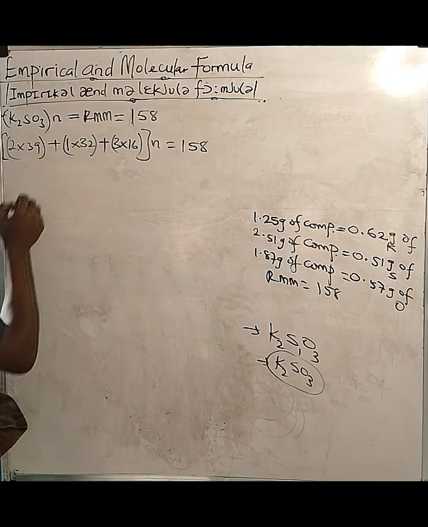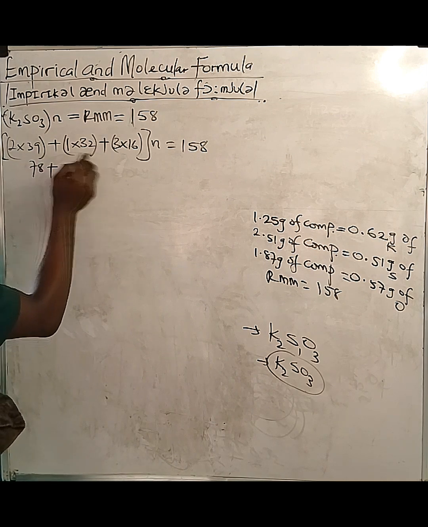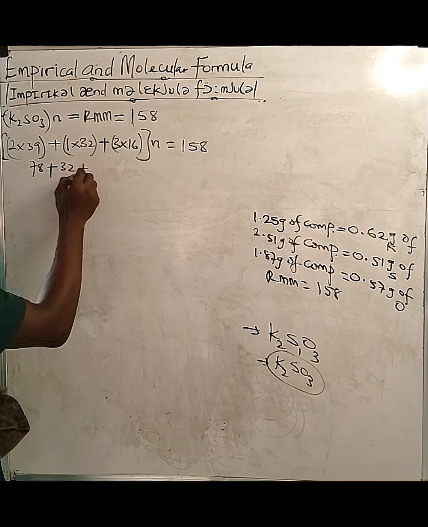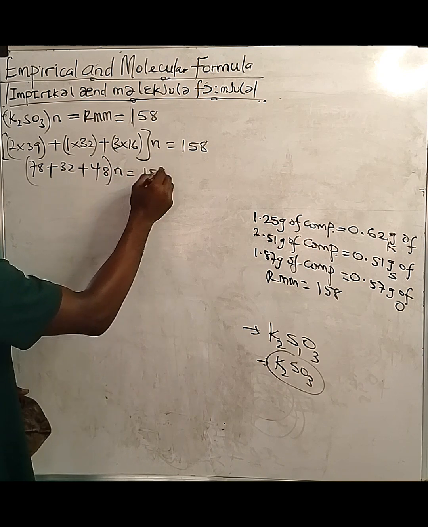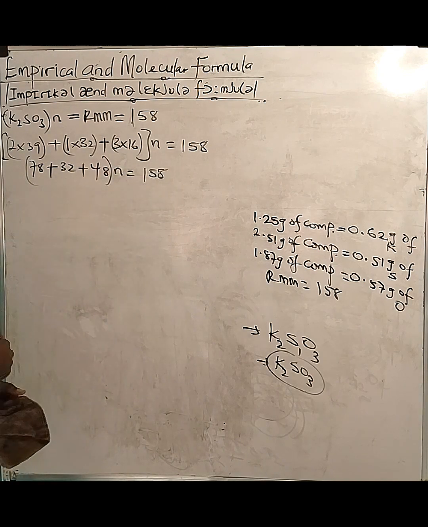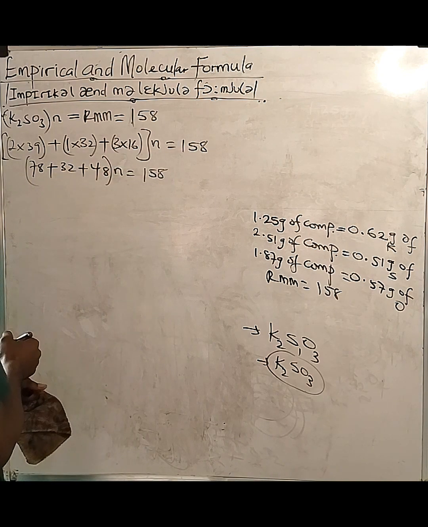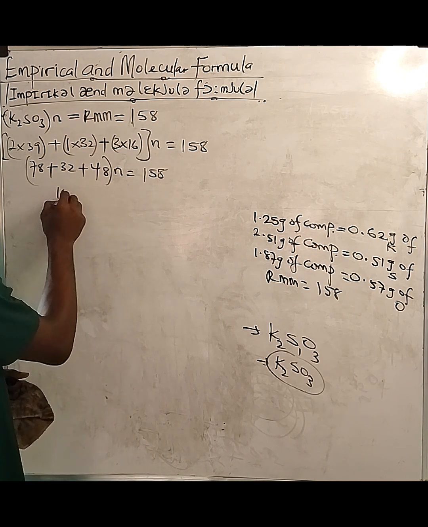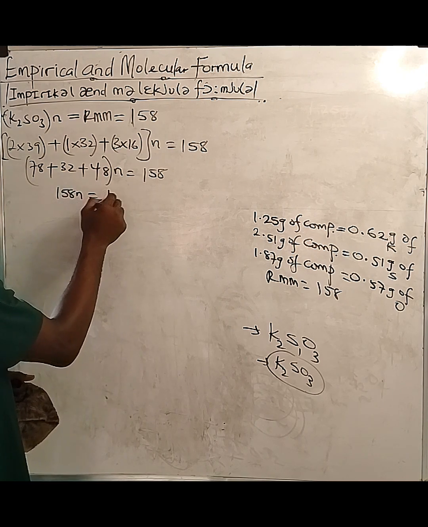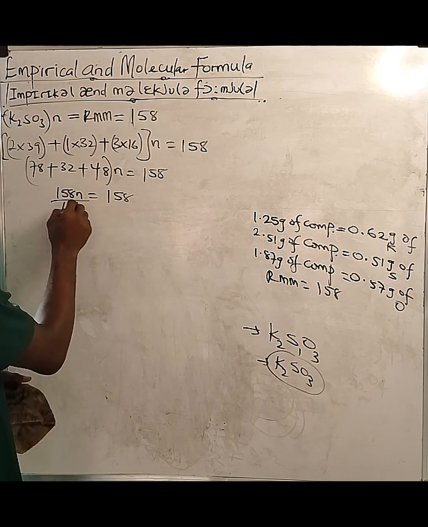So 2 times 39 is 78, plus 1 times 32 is 32, 3 times 16 is 48, times n equal to 158. 78 plus 32, what would that give to us? That will give us 110. 110 plus 48 will give us 158n equal to 158. Divide both sides by 158.